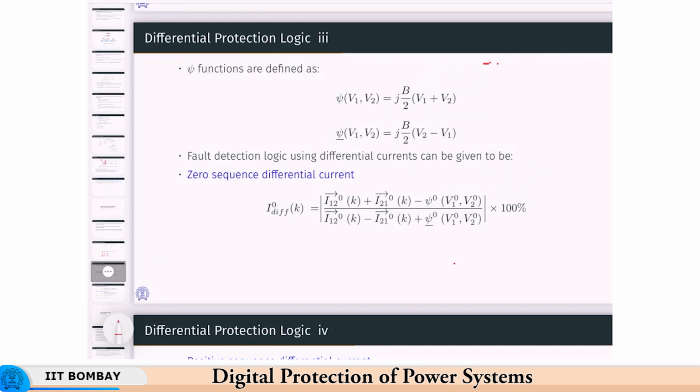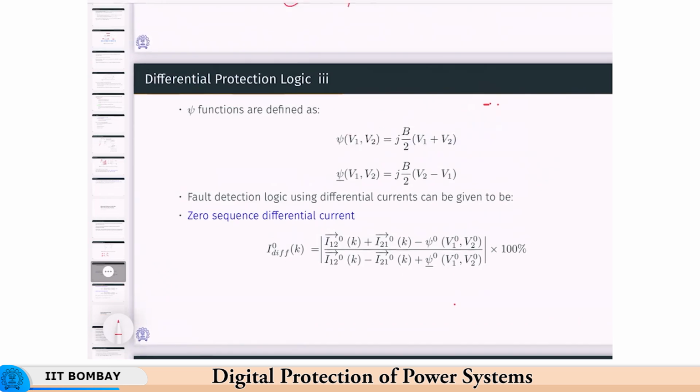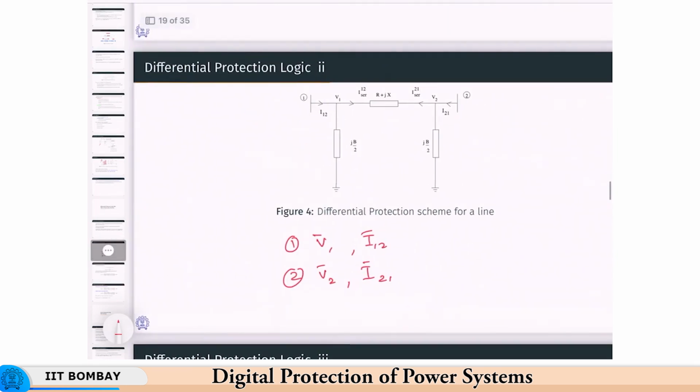So, if there is a fault, these currents will reverse. This is of course demonstrated using only the 0 sequence component. So, in presence of a fault, in the first case I12 is flowing like this and I21 is like this.